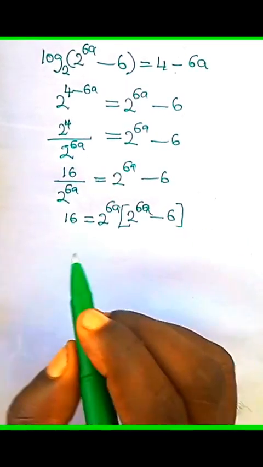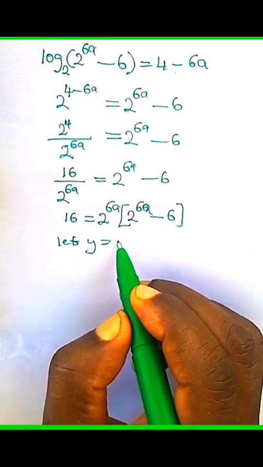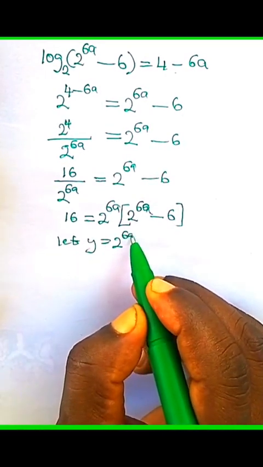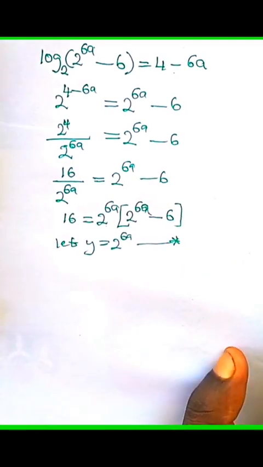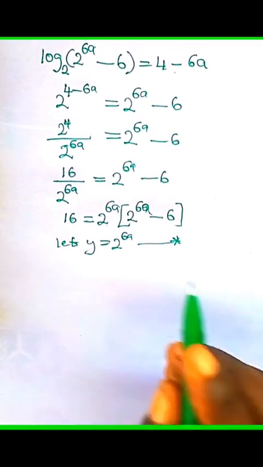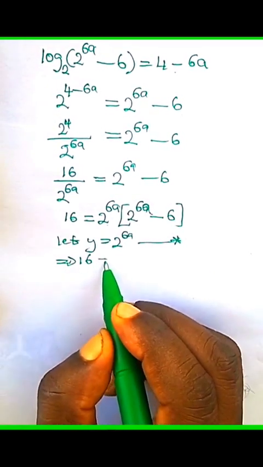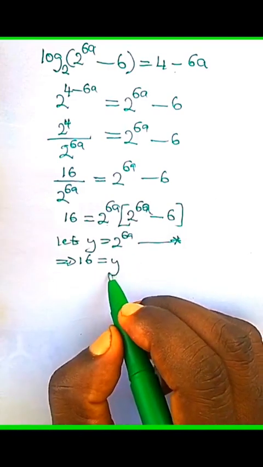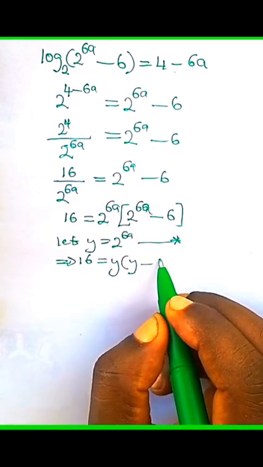So let y equal 2 raised to the power 6a. Let's call it equation S3, so our work will look clean. This implies that 16 will be equal to y into y minus 6.